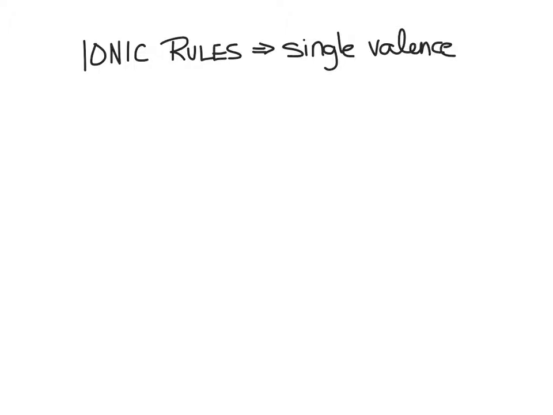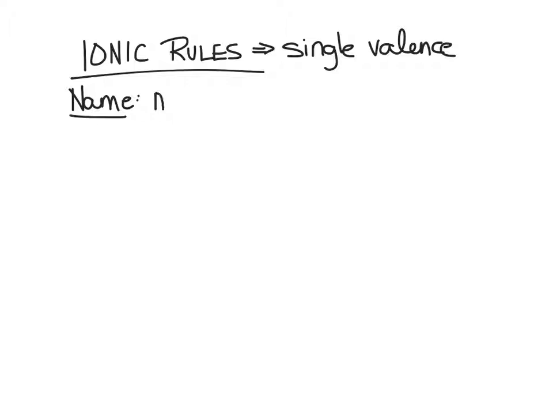Okay, so let's go back and remember. You start looking at it. Is it elemental or is it a compound? Oh, it's a compound. Okay, it's made up of two or more than two. It's made up of two. It's a metal and a nonmetal. So these are your ionic rules. Okay, and so when you name your compounds here, naming using ionic rules with a single valence is easy.